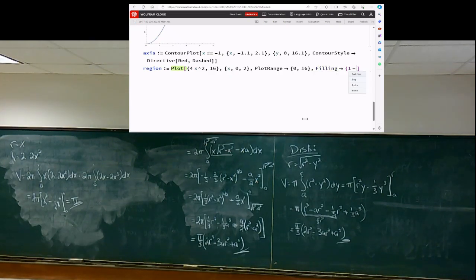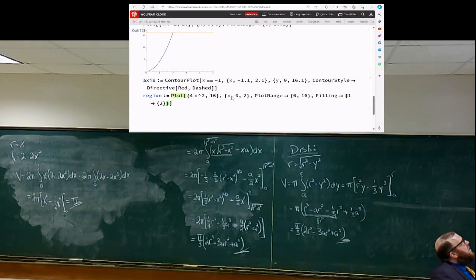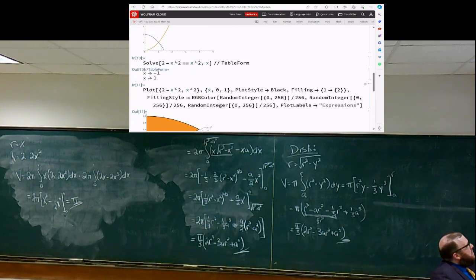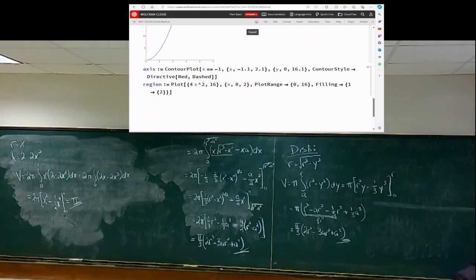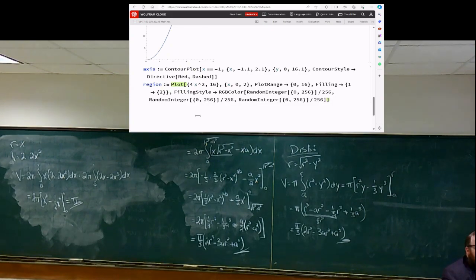We're between curves, so I want to fill between plots 1 and 2. And what do I want my filling style to be? Let me come up here and just copy that. I don't need the labels this time.